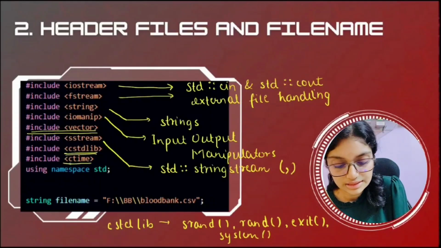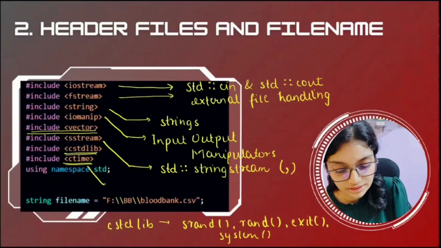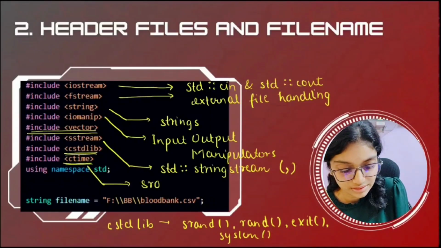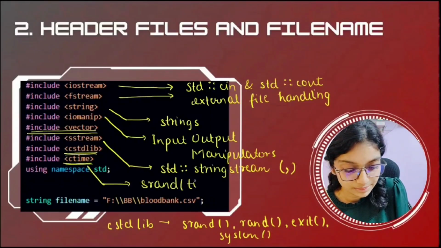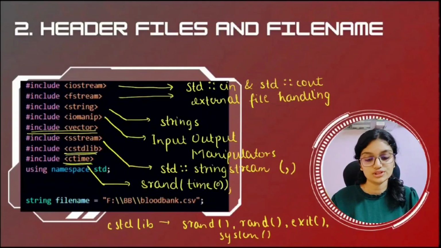Next comes ctime. In this program specifically, we have also used srand with time to seed the random token generator. Now ctime mainly provides some time and date related functions.